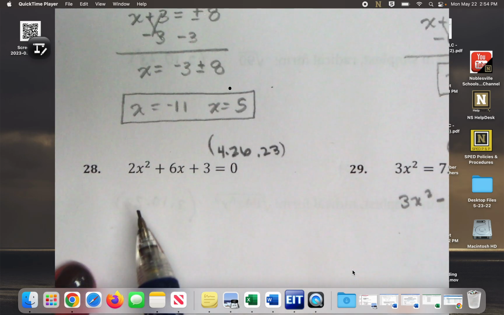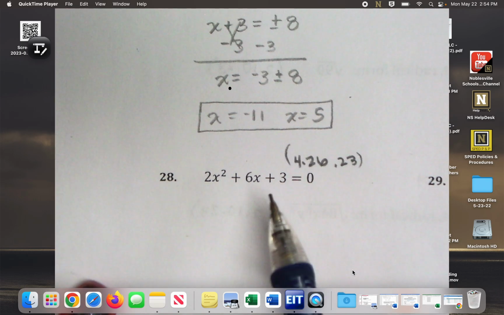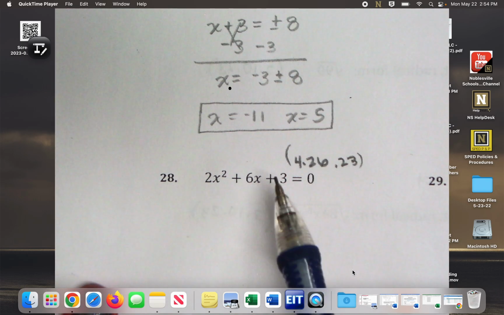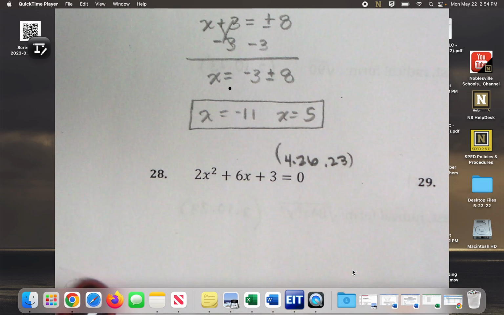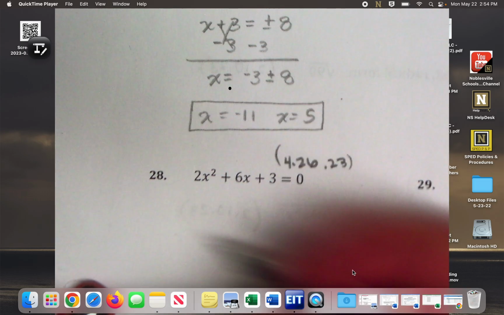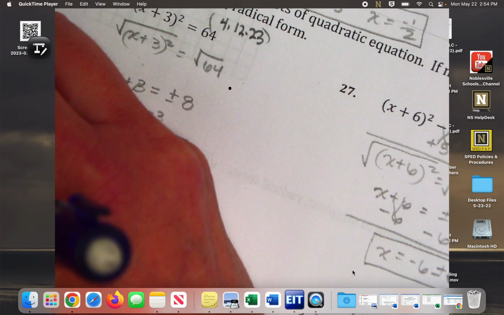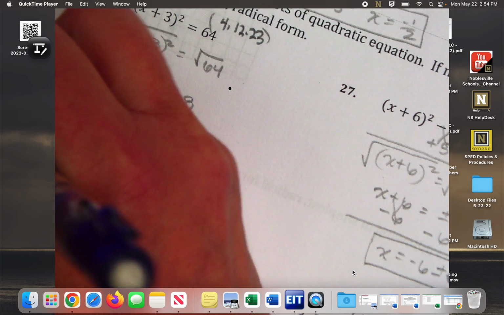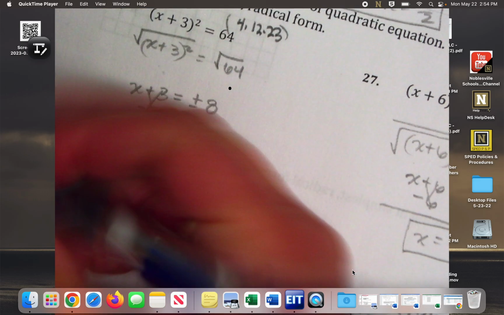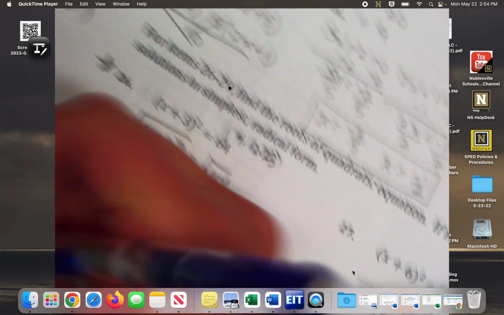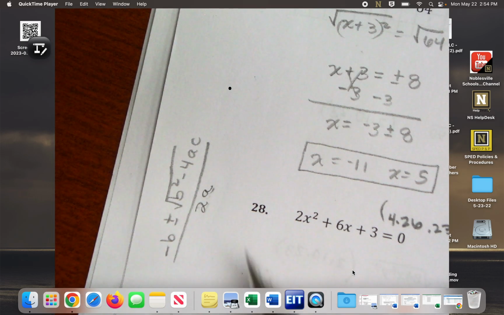Okay, number 28. This is where we're going to use the quadratic formula because you can't use any other method. So there's our quadratic formula.